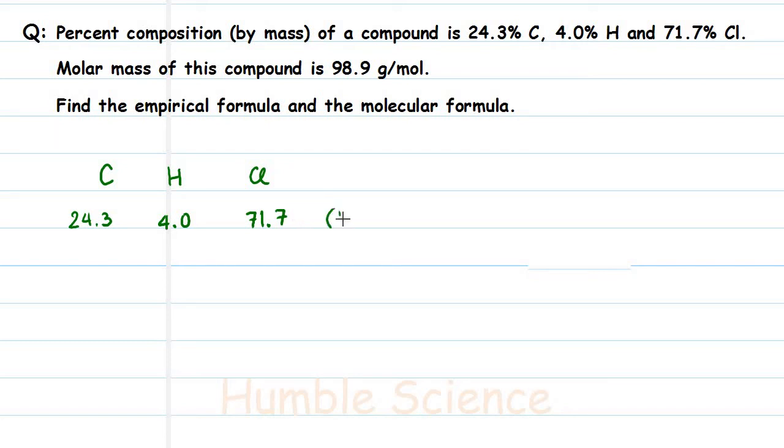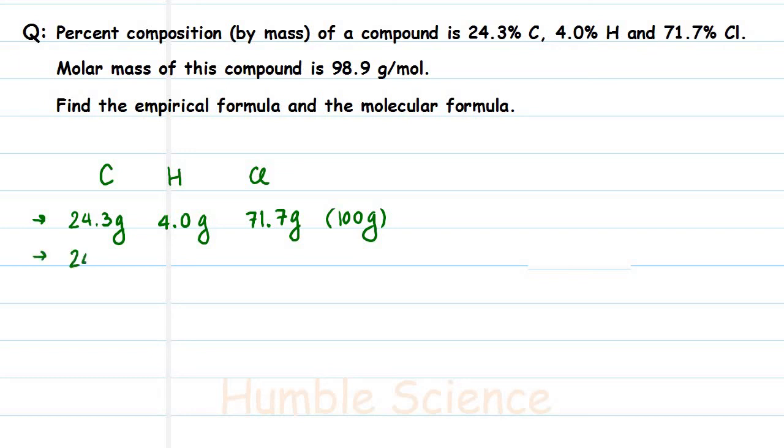And so if we think of the whole percent as 100 grams of the whole compound, that means it will contain 24.3 grams of carbon, 4.0 grams of hydrogen, and 71.7 grams of chlorine. The next step is to convert it to mole. We will divide it by the molar mass accordingly.